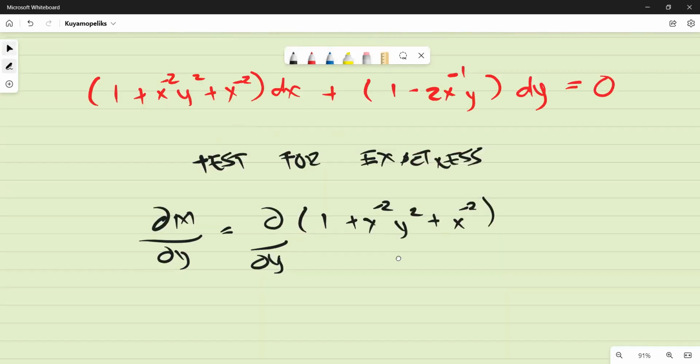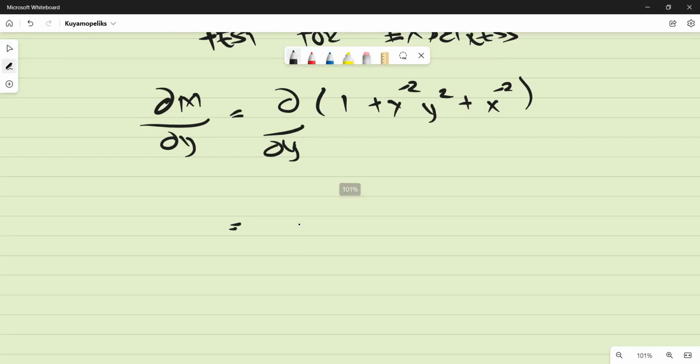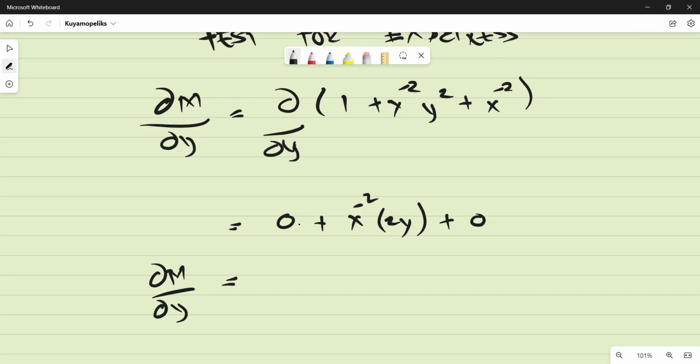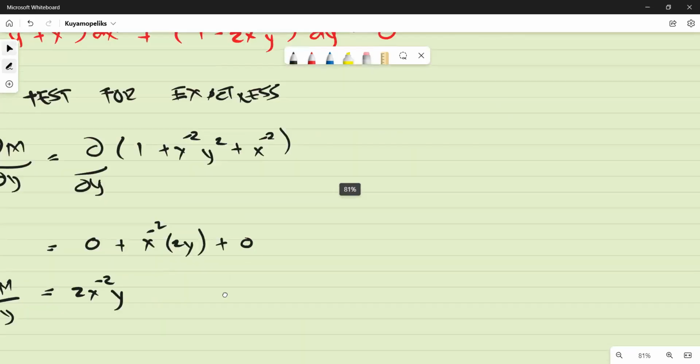Since this is with respect to y, all the x are constant. The derivative of a constant is 0, plus x negative 2 as is, times 2y, plus 0 for the last term. Simplifying, our partial of M with respect to y is equal to 2x negative 2 y. I'll leave the negative exponents as is for now.